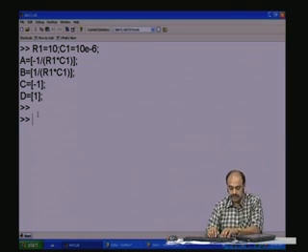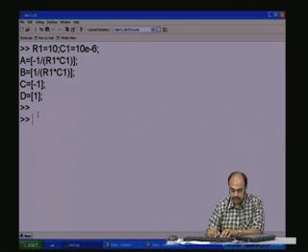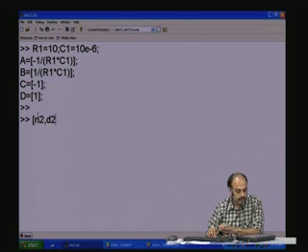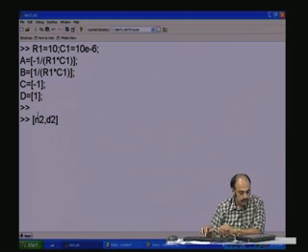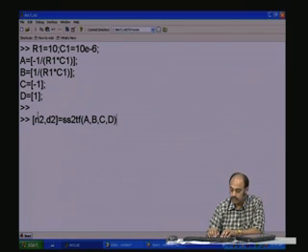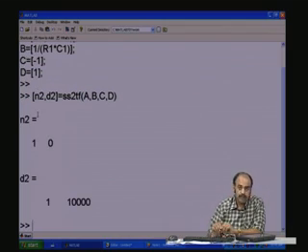Now, we perform the same operation, that is, we now get the numerator polynomial of the second transfer function, denominator polynomial of the second transfer function, equals state space to TF conversion of A, B, C, D matrix. Now, this is going to give you the numerator and the denominator polynomial.